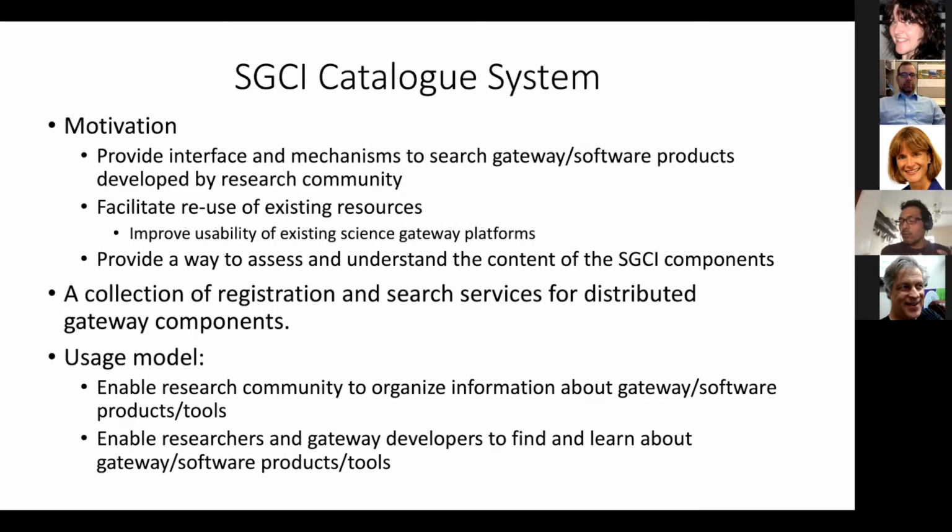The providers are the research community and scientific domain experts who have resources, in this case gateways and software, and the consumers are the researchers who search through the catalog to find these gateways, software, and different resources.